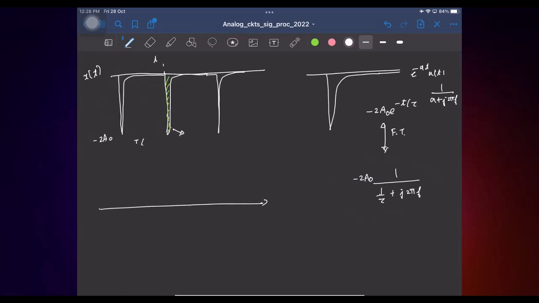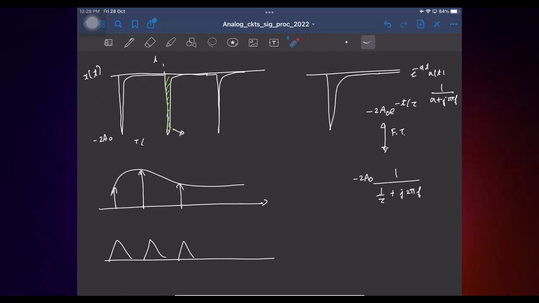what happens to the spectrum in the frequency domain? It becomes periodic. You will have multiple copies of the spectrum like this. So the takeaway is that sampling in one domain will result in periodic copies in the other domain.